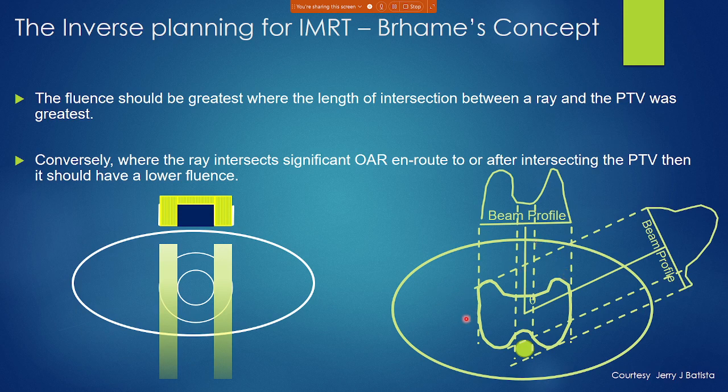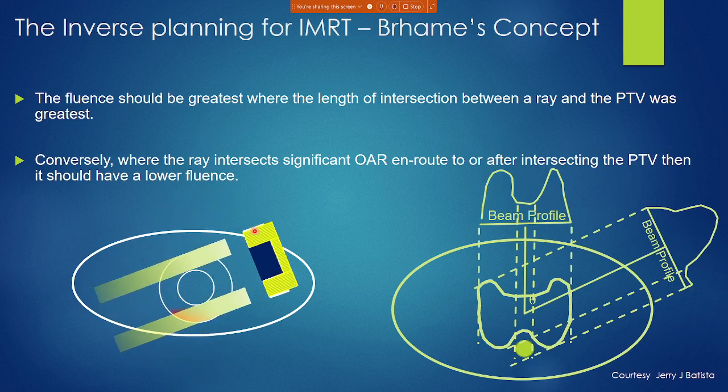This is just a basic concept, but this is what we are looking at as inverse. You go back, this is the thickness, and you make the fluence accordingly. And he also came up with the donut-shaped dose distribution. To achieve that, you just close the middle and have radiation fluence here, and then just do a full arc, and you will get a donut-shaped dose distribution.